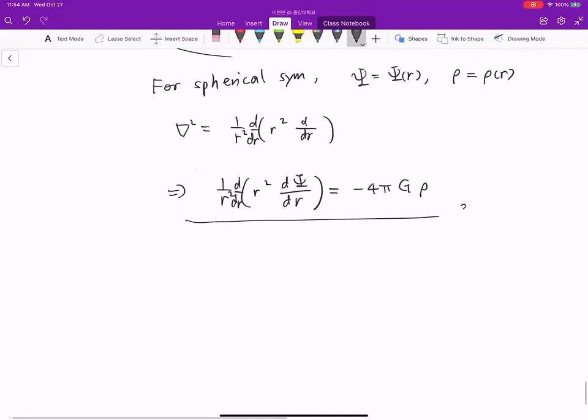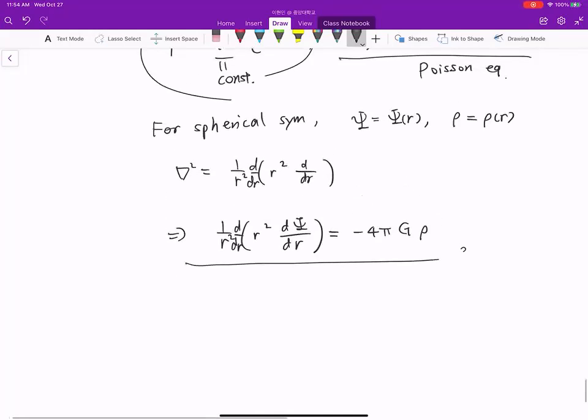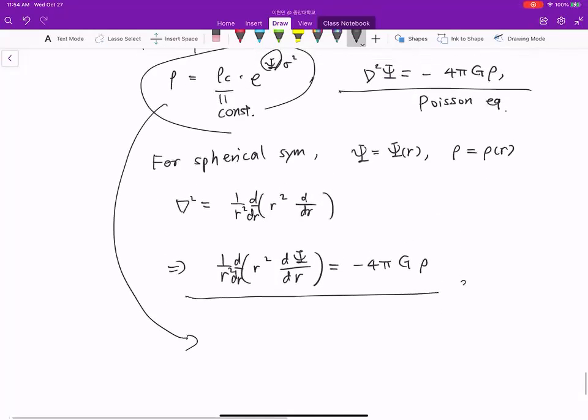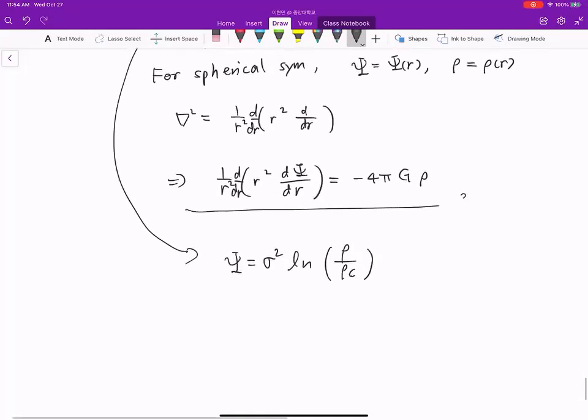And then we plug in, instead of psi, psi from this equation, so psi equal to sigma square log of rho over rho c.